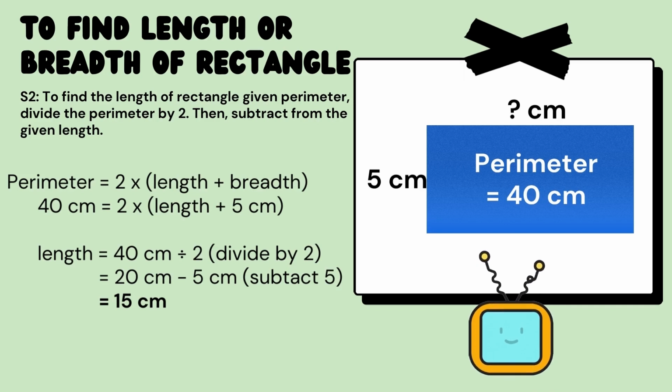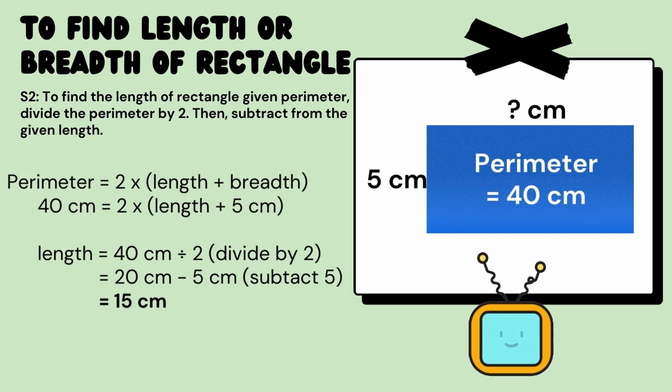Using the step to success, it said that in order to find the length of the rectangle when you are given the perimeter is to divide the perimeter by 2. So if you can see step number 1 there, to find the length, what we do, 40 centimeter divided by 2. So which means you divide by 2 first. 40 divided by 2 is 20 centimeter, isn't it?